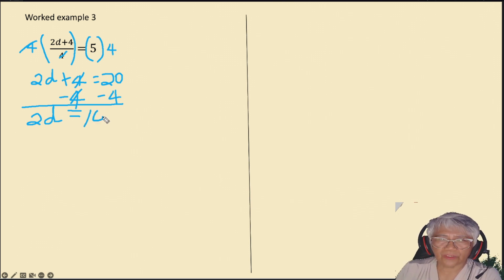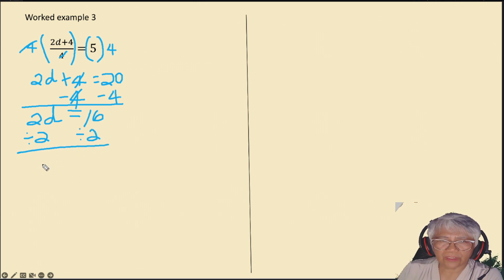So that is going to be 16. Now we need to divide to get rid of the 2. So divided by 2, this one will cancel out with that. So that would be d is equal to 8.